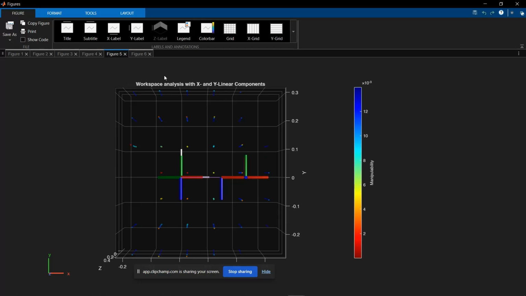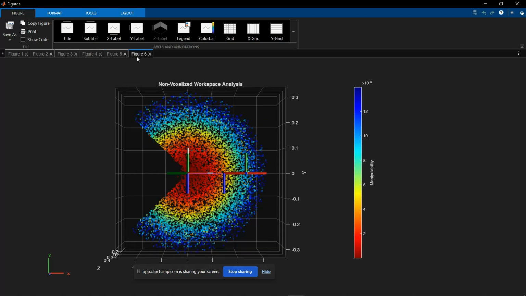A good way to visualize this more intuitively is by using a voxelized representation. This diagram basically tells us how the robot is going to behave. As you can see, at the end areas the manipulability of the robot is high, and as we come to the middle, the manipulability decreases. It is like a slice of toast, if that would be a good description.